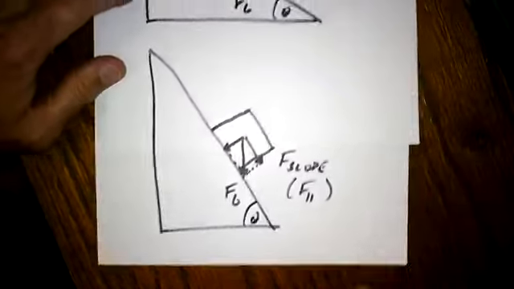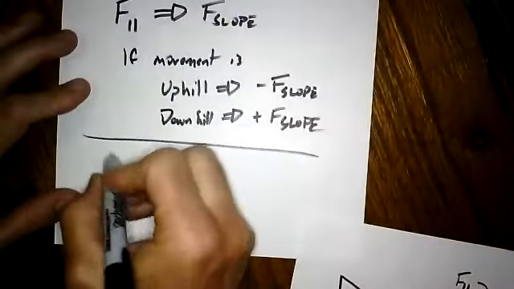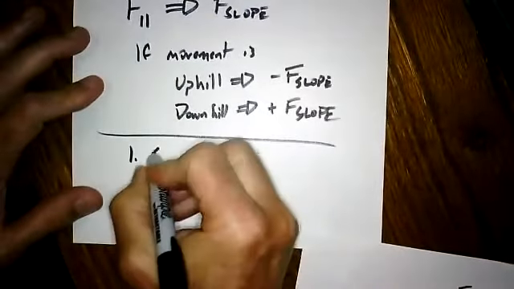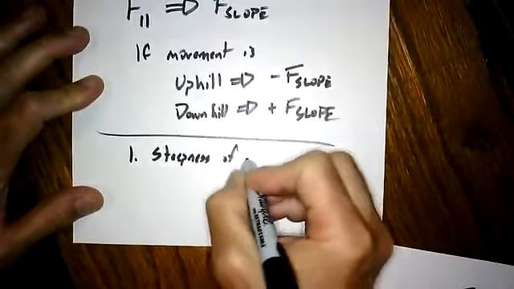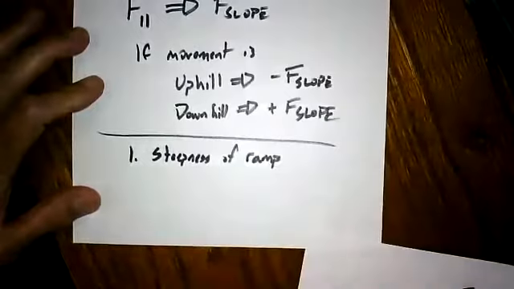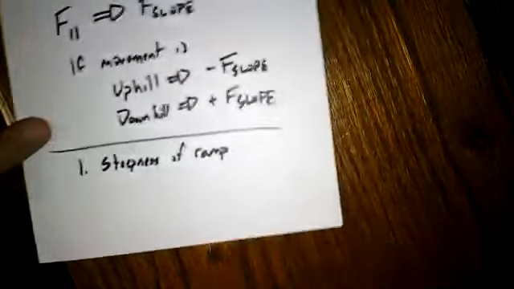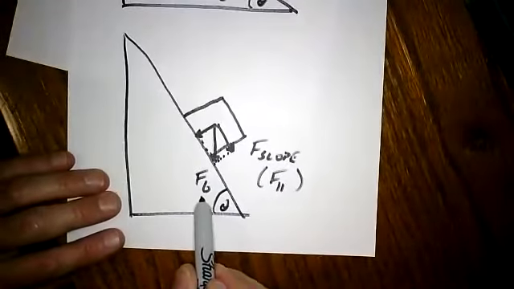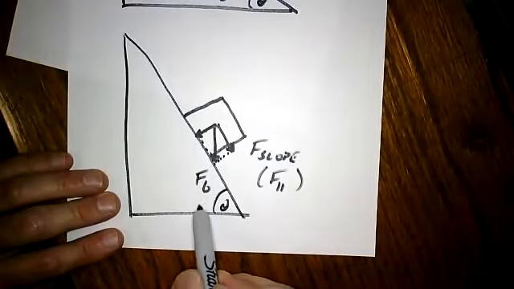Okay, so steepness of the ramp is one thing that's going to influence the slope force. What's the other thing that's going to influence this magnitude of the slope force? Well, this component right here, FG, how long this component is.